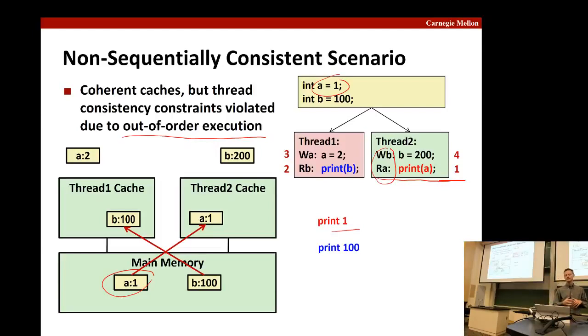So although we use the example of caches not talking to each other, the problem of supporting sequential consistency involves more than just caches talking to each other. It involves the processor's out-of-order execution realizing it can't swap these around if it wants to maintain sequential consistency.